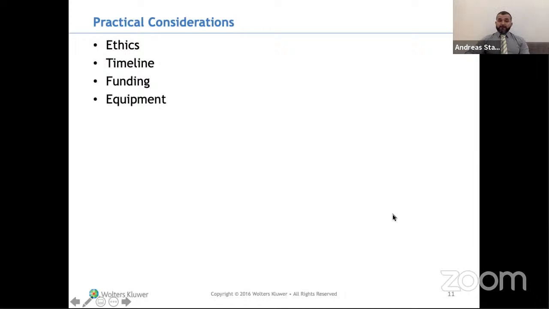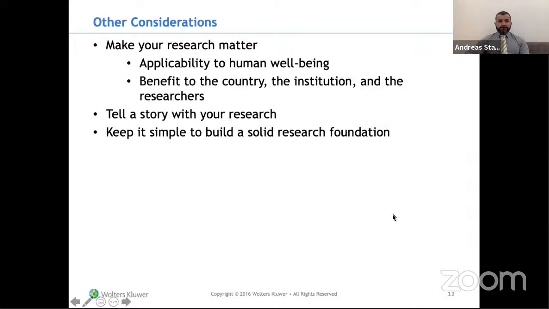What kind of equipment, as we said before, those are practical considerations, right? Or what kind of equipment you need. Maybe you go to your dean, as I have several times, and ask for something. There is internal funding always at schools, and maybe you get it if you make a case.